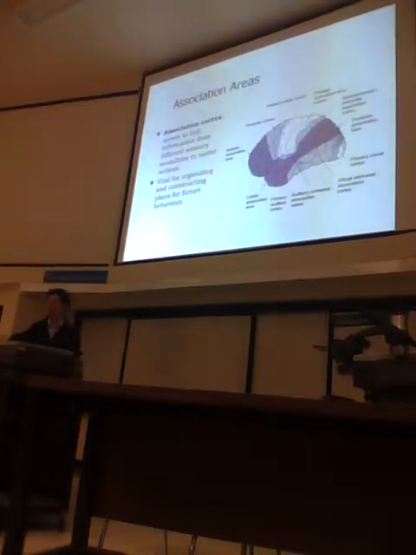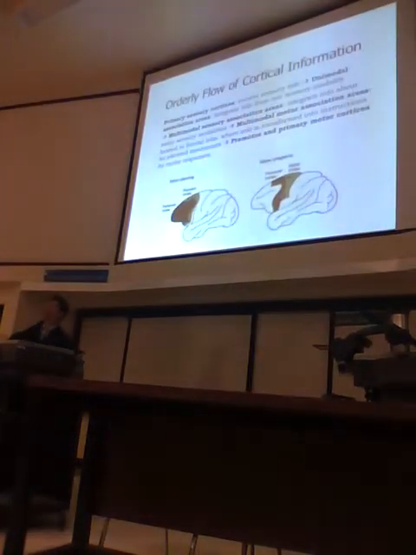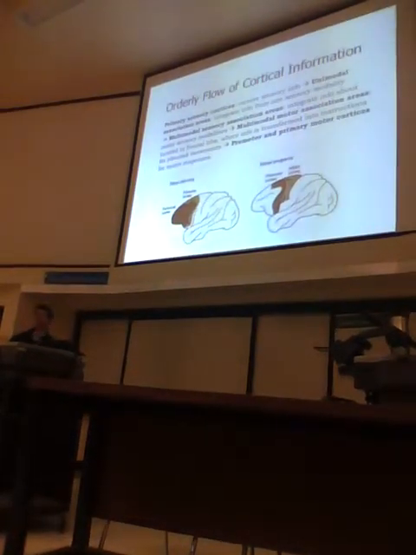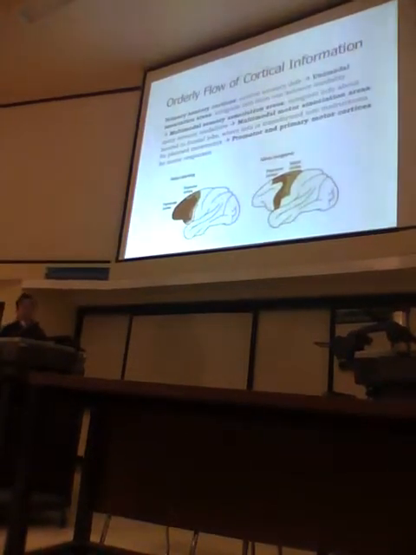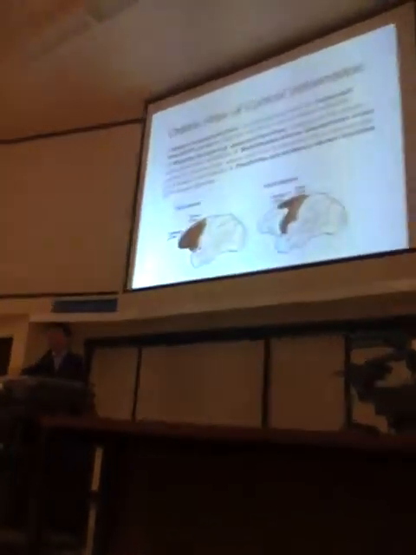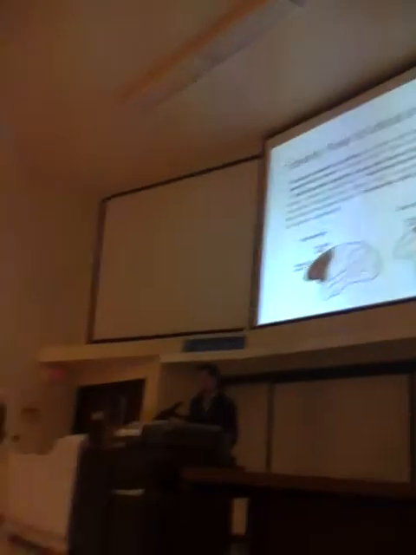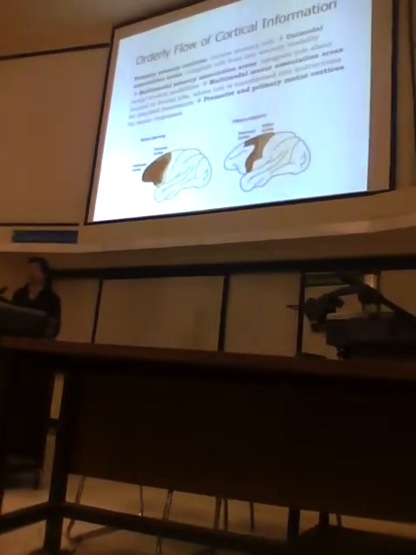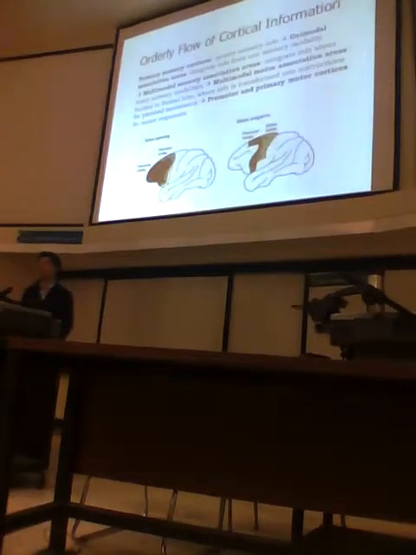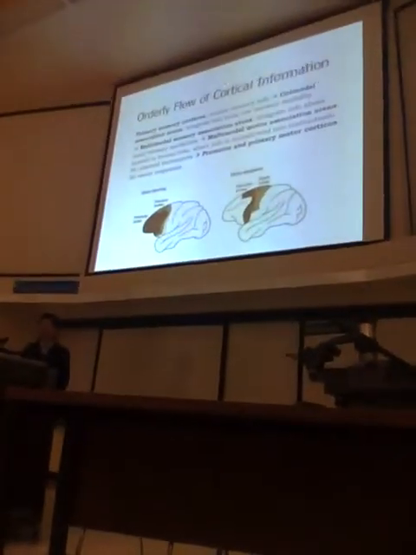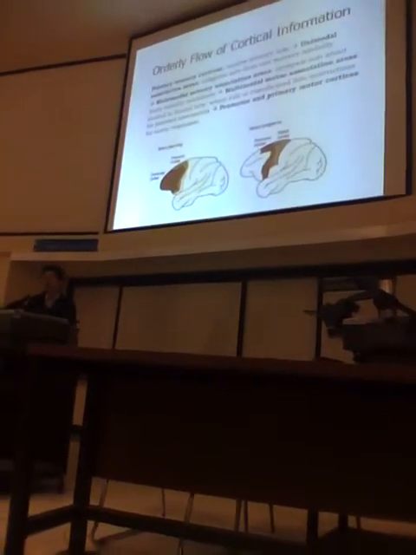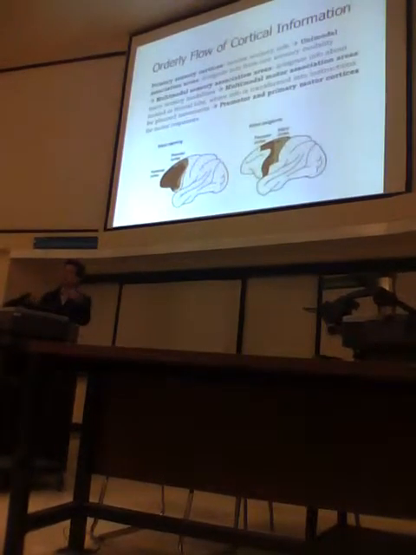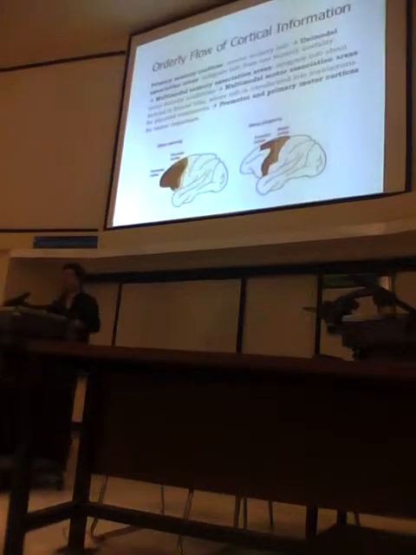And there's, again, a logic to the whole system such that you've got primary sensory cortices that receive information about particular aspects of the environment. They then pass the information on to what's known as unimodal association areas that integrate multiple types of information from just one sensory modality.